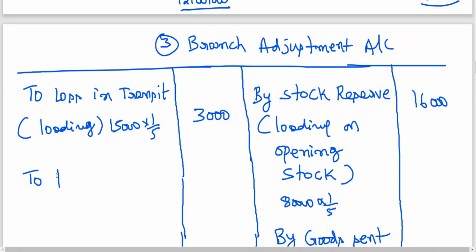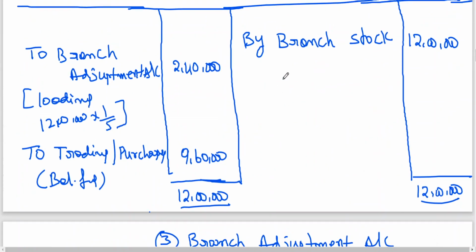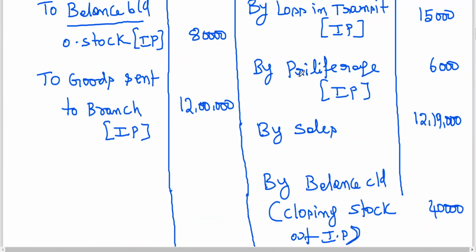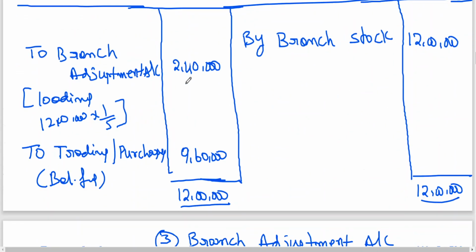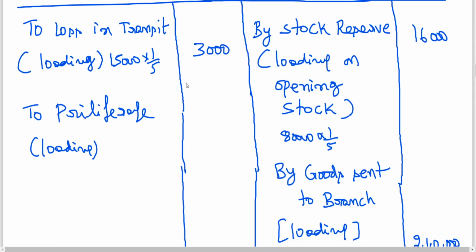Next, loading on pilferage. Let us look at the pilferage: 6,000 into 1 by 5 is 1,200.